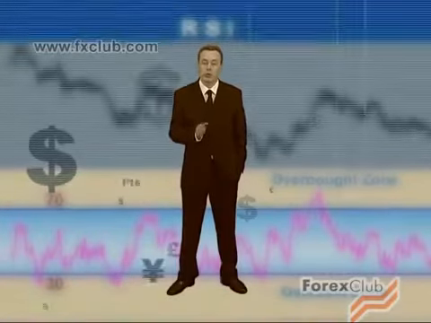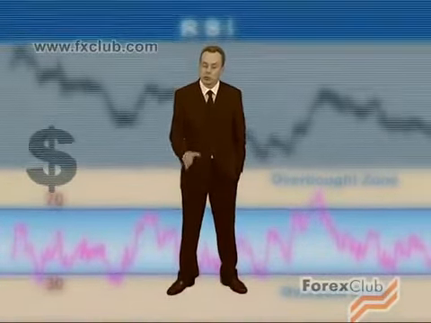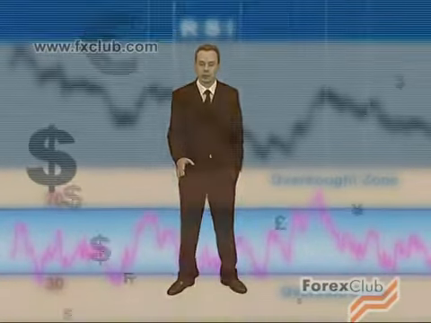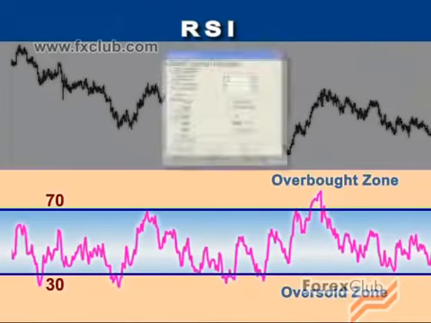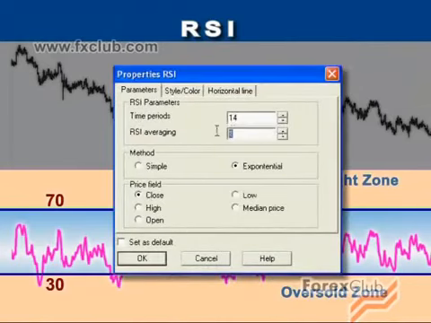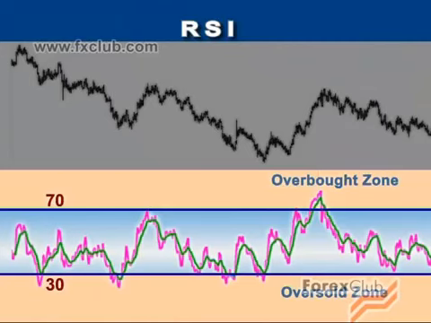Some traders are not satisfied with the choppy appearance of RSI and they smooth the oscillator's line. The usual way of smoothing is to average the indicator's value with a simple or exponential moving average. This is an option in RSI's properties window in our technical analysis software, Rumus.